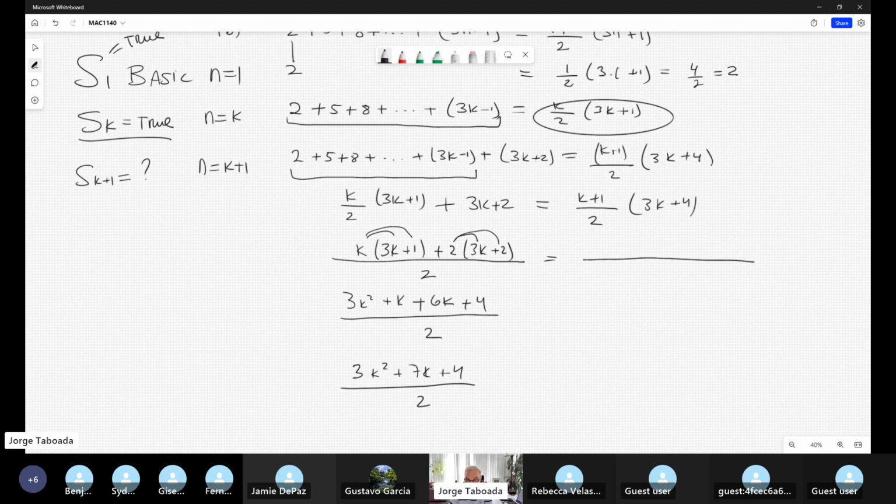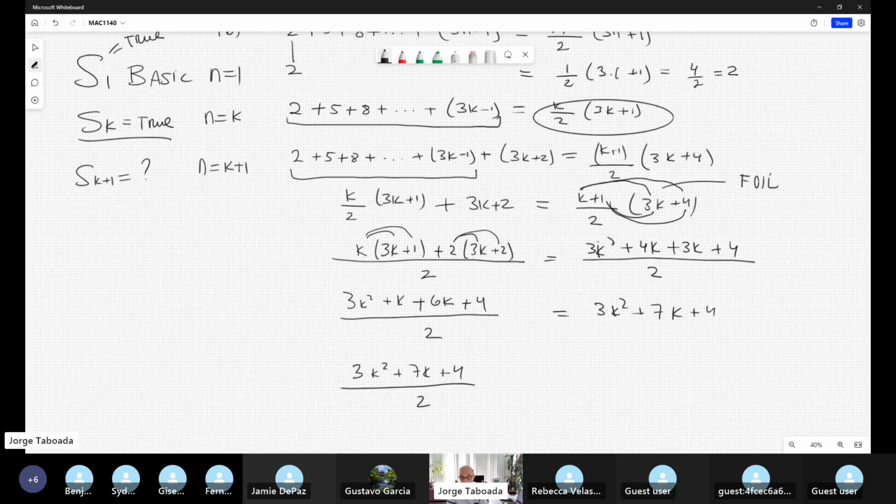Let me focus on that part. This is over 2. This is (k plus 1) times (3k plus 4). When you FOIL, you have 3k squared. This time this is 4k. This and this is 3k. And this and this is 4. And when you combine like terms, it's 7k plus 4 over 2.